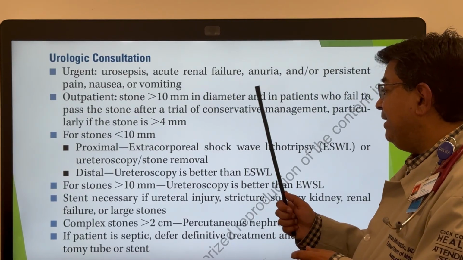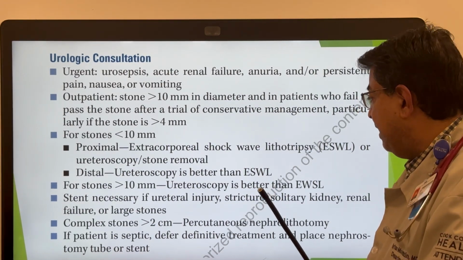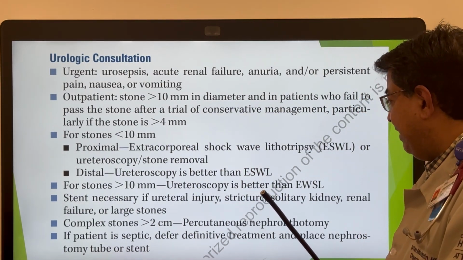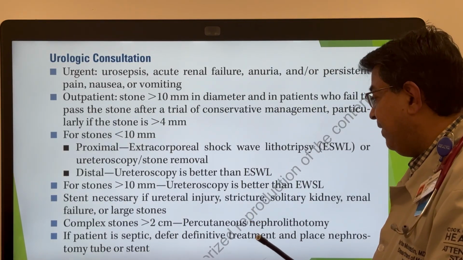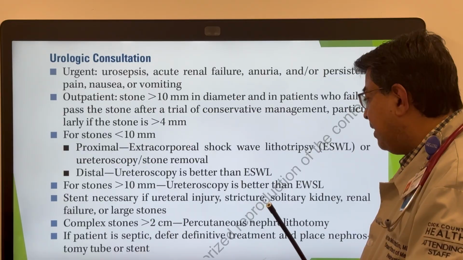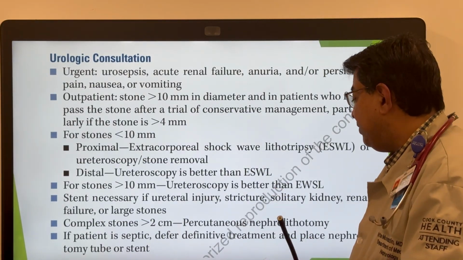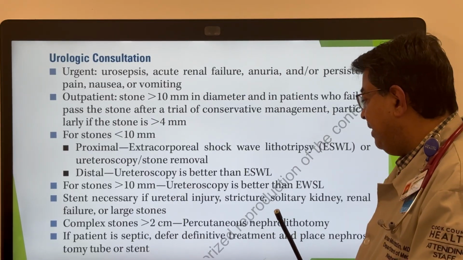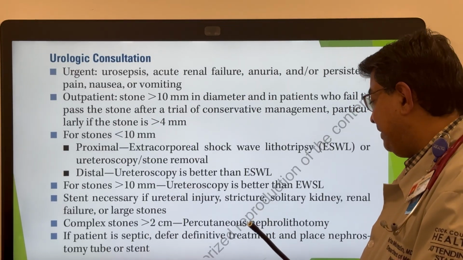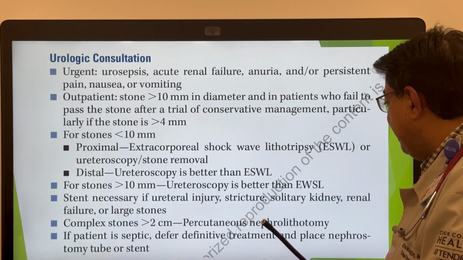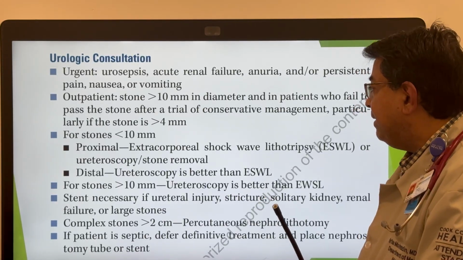For stones greater than 10 millimeters, generally ureteroscopy is better than lithotripsy. A stent may be necessary if there's ureteral injury, stricture, solitary kidney, renal failure, or large stones. Complex stones, which pretty much means greater than 2 centimeters, might require percutaneous nephrolithotomy. And if the patient is septic, then you should defer definitive treatment and place a nephrostomy tube or stent. Next slide.